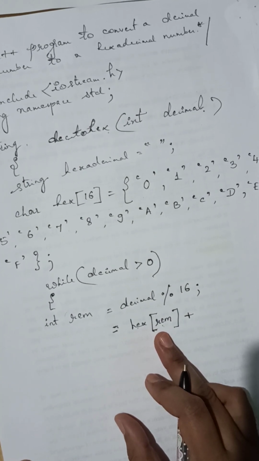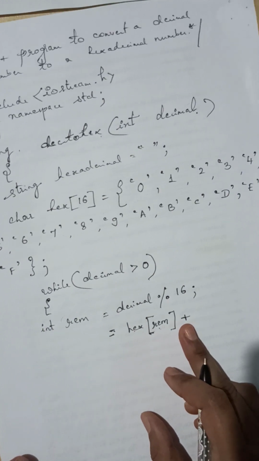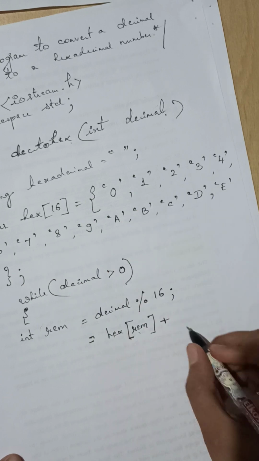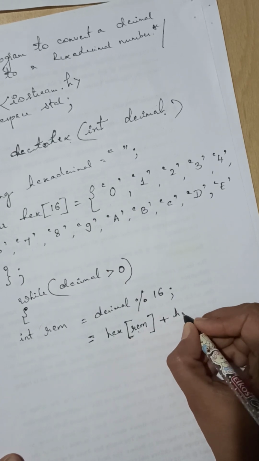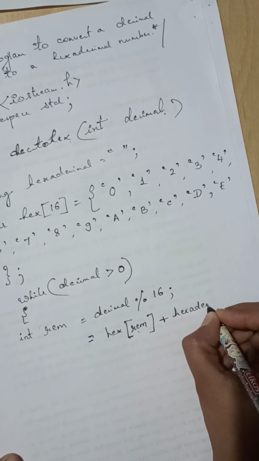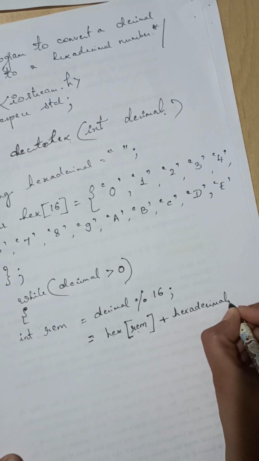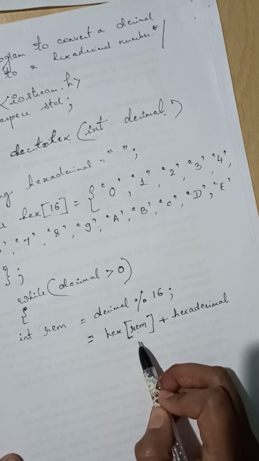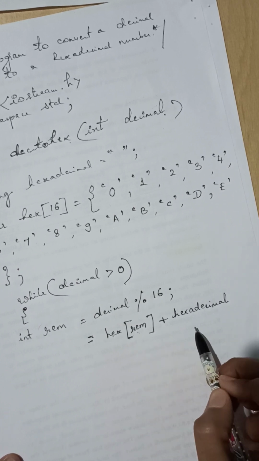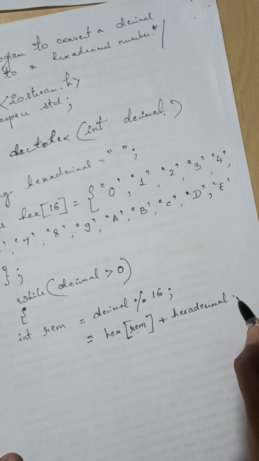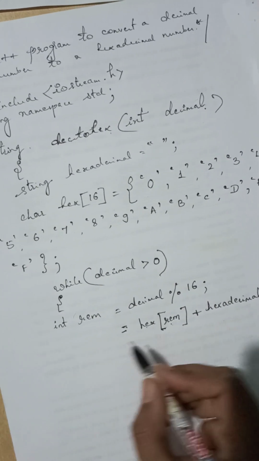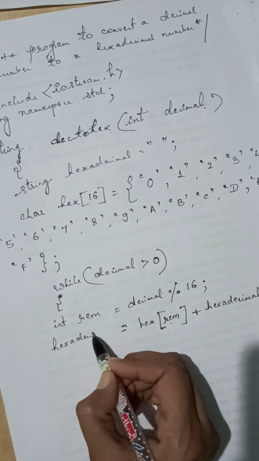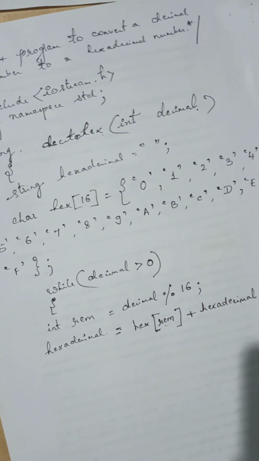We are extracting the hexadecimal digit and concatenating it with the string, hexadecimal. So 7, the first remainder we got, is concatenated with the single space, right? And that will be assigned to the same variable, hexadecimal. Okay, so this is the step.